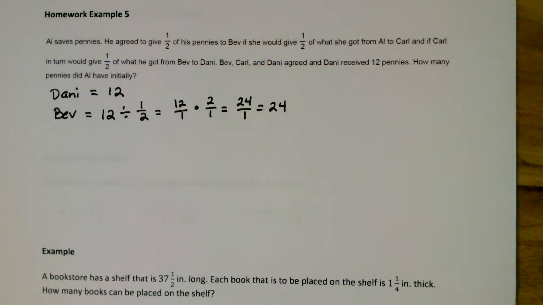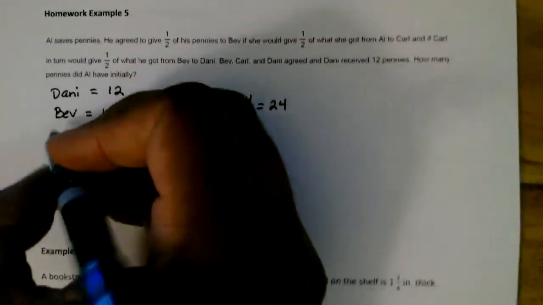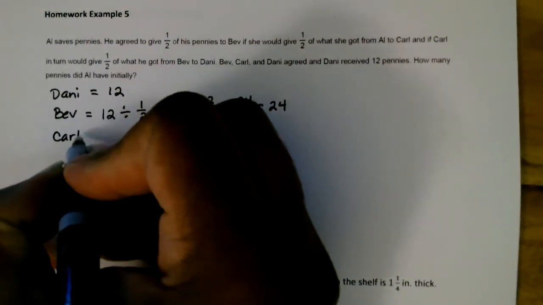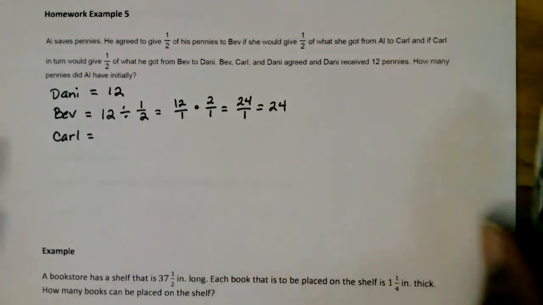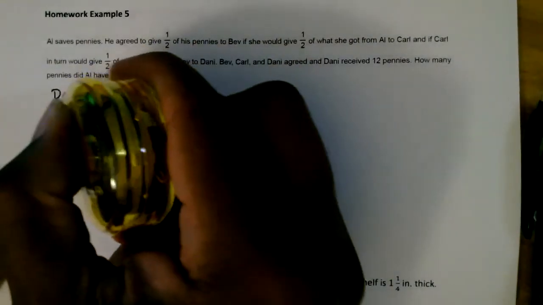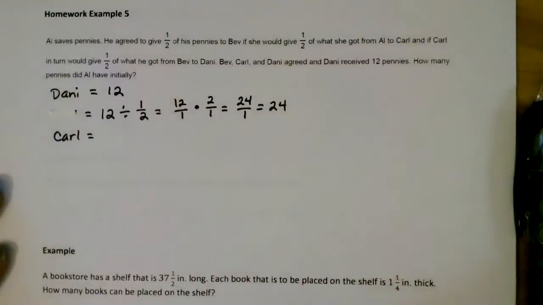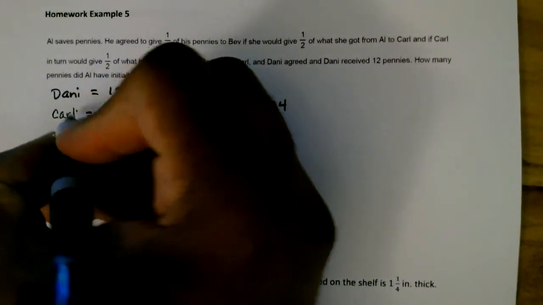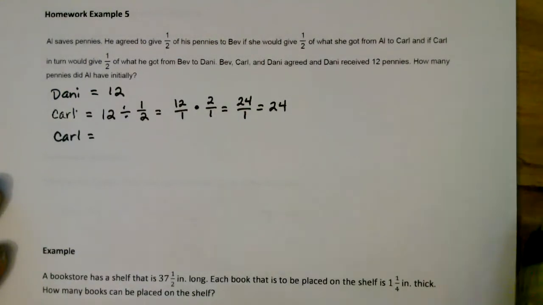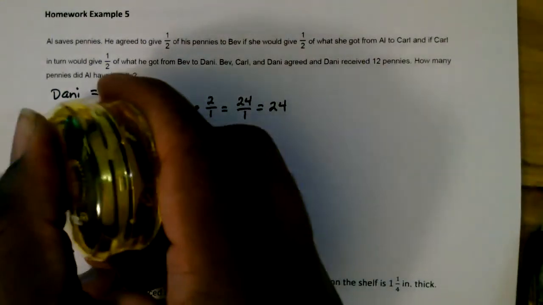Now we need to find out how many pennies Bev had. Because Carl gave 1/2 of his pennies to Danny, and Bev gave 1/2 of her pennies to Carl.